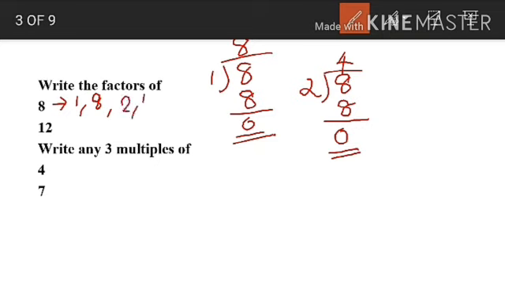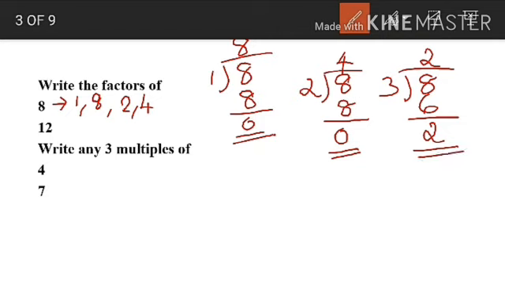How about dividing by 3? 8 divided by 3. 3 twos are 6, and when we subtract, we get 2. The remainder is 2. If there is a remainder, then the divisor is not a factor. So we got the factors of 8 as 1, 8, 2 and 4.